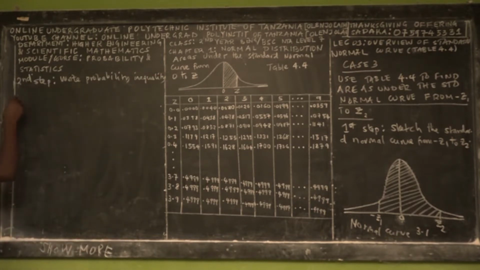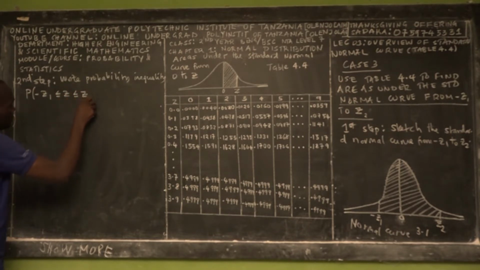So to write the probability inequality, the area under the normal curve is equal to probability from negative Z1 less than or equal to Z less than or equal to Z2.